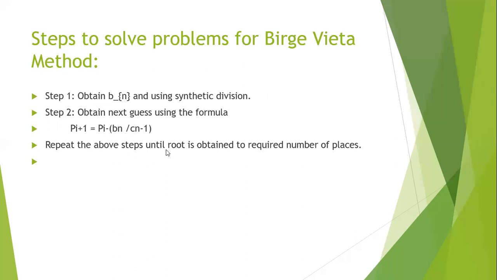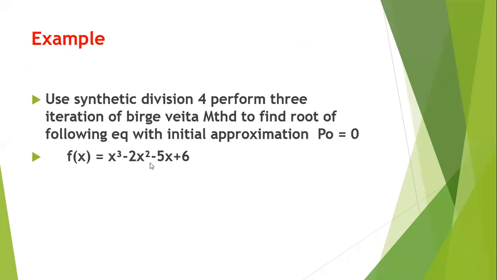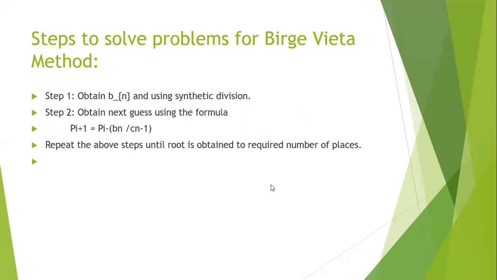Repeat the above steps until the root is obtained to the required number of places. So we stop here, and in the next lecture we will see problems on the Birge Vieta method.